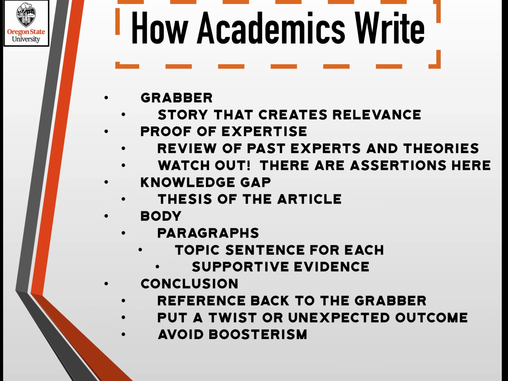So be careful of that, and understand that the structure is a little bit different. Once we get past that knowledge gap, and once the academic makes their assertion, then we see the exact same things as we have seen before, right? The body with paragraphs that have topic and supportive sentences, and the conclusion. The only difference there is that sometimes there'll be a reference back to the grabber.